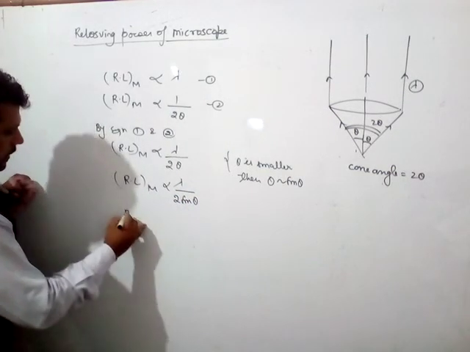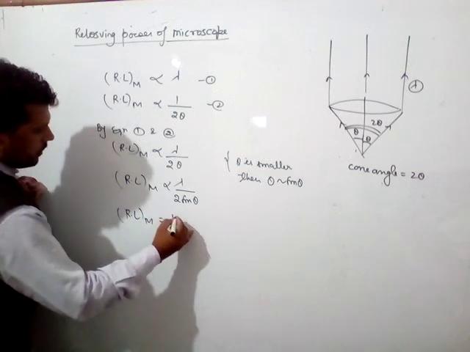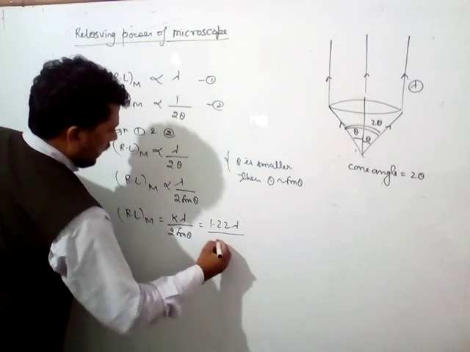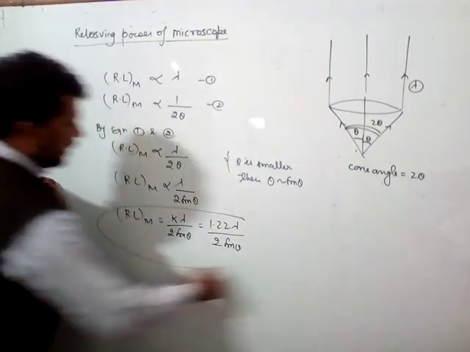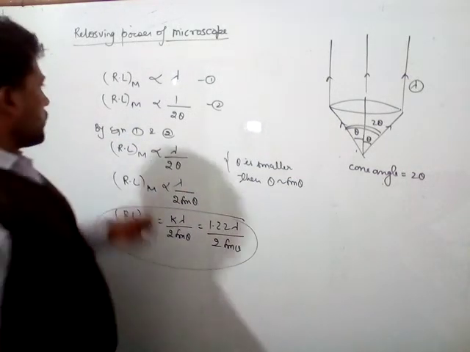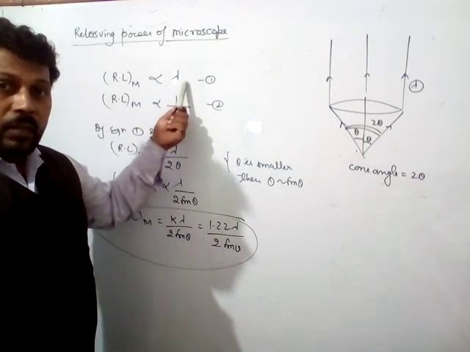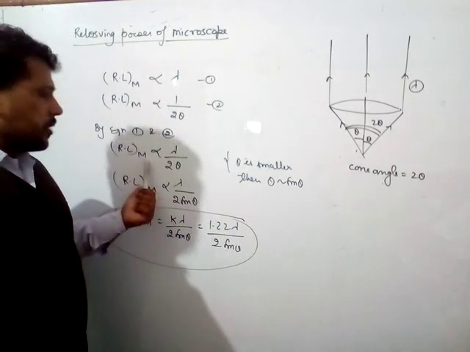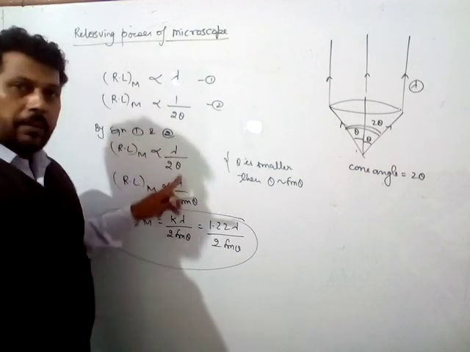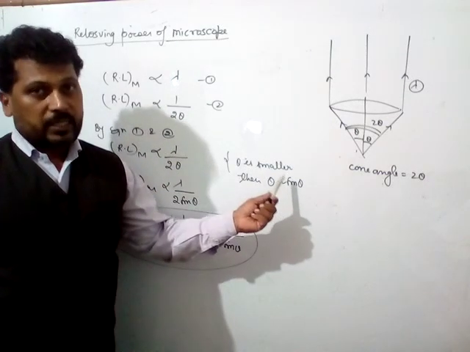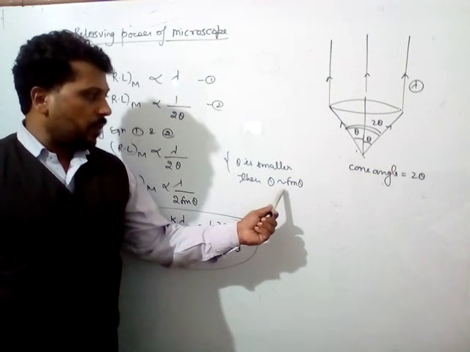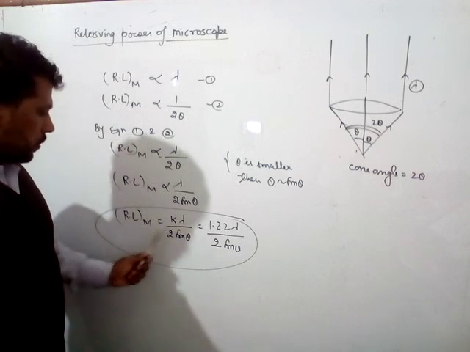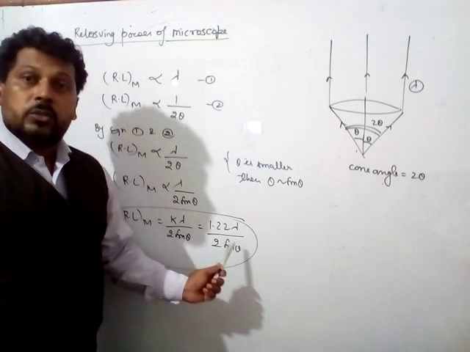The constant comes in, with value 1.22. So the resolving limit of the microscope is K lambda by 2 sin theta, where K is equal to 1.22.